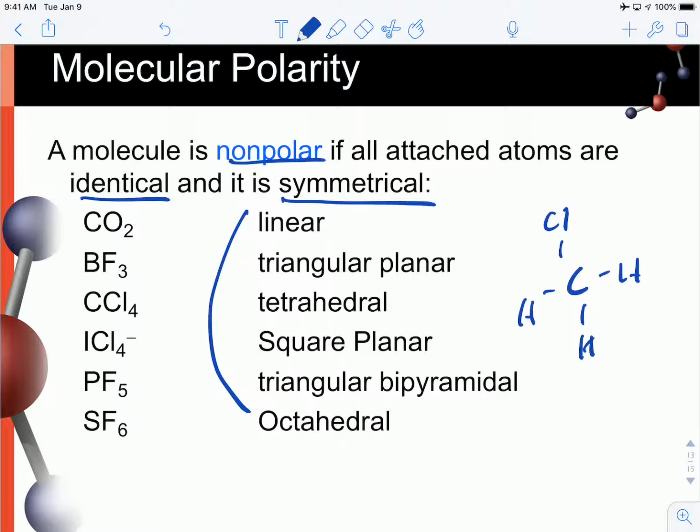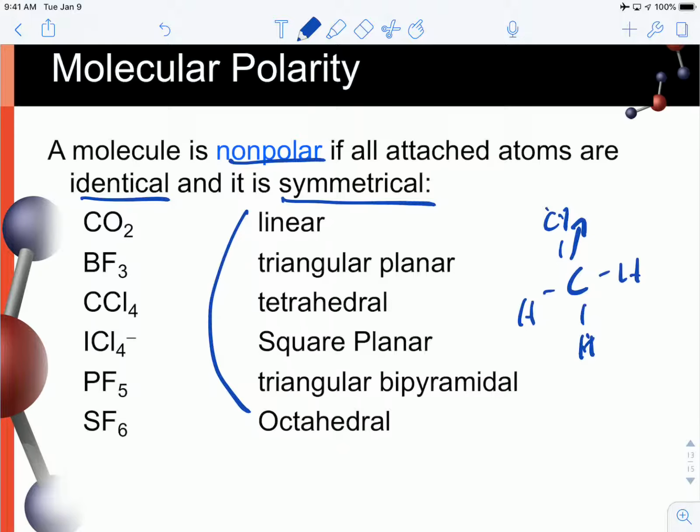It has one chlorine, and we're going to have a slight dipole in this direction because chlorine's more electronegative. We don't cancel out anymore because hydrogen isn't electronegative enough to cancel out with this chlorine. So we do have here a slightly polar molecule. And that's simply because not all the attached atoms are identical.